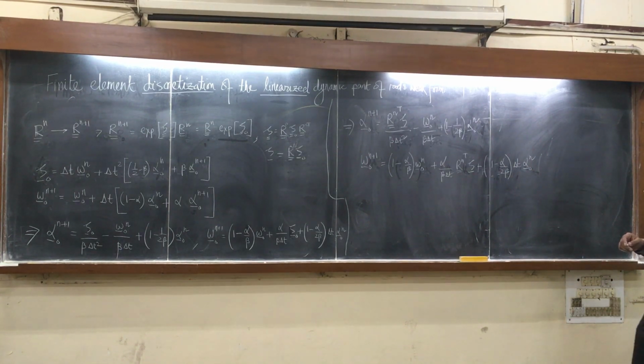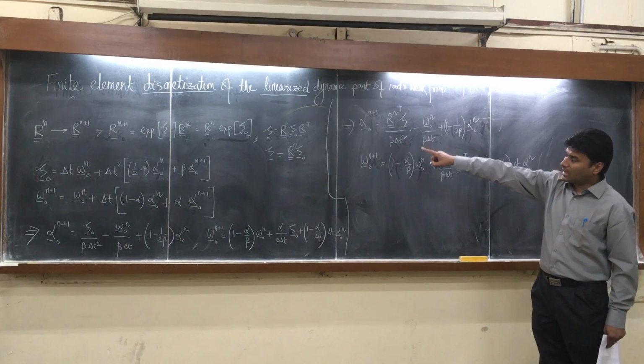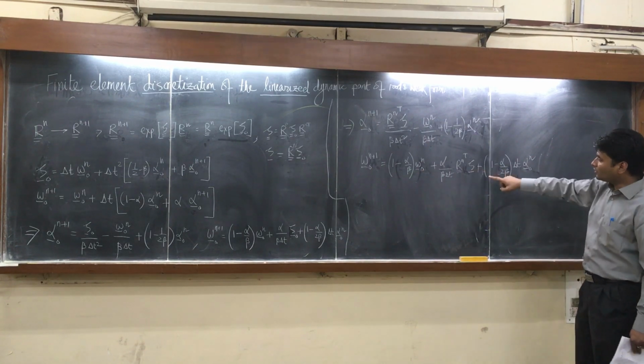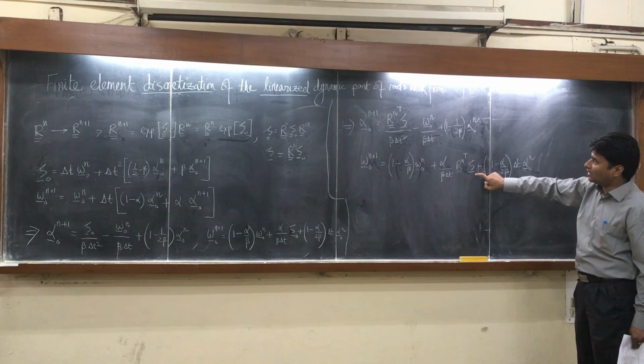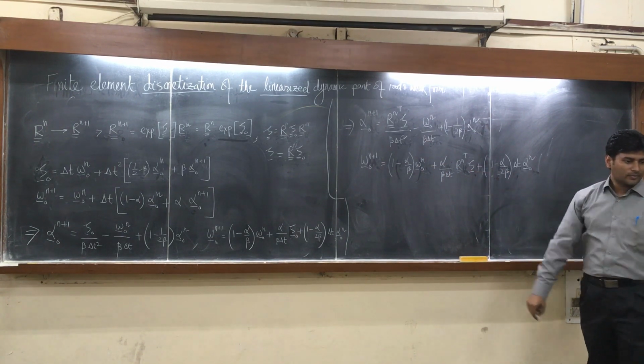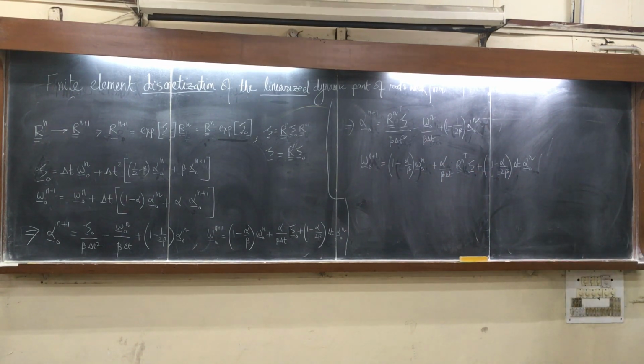Okay, so now I have angular acceleration and angular velocity at n plus 1 in terms of this increment zeta. Alright, so what will be the next step then?